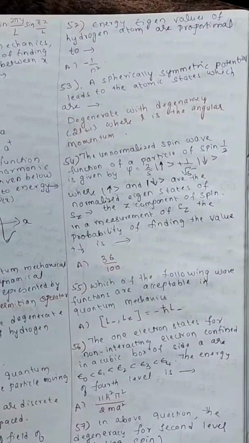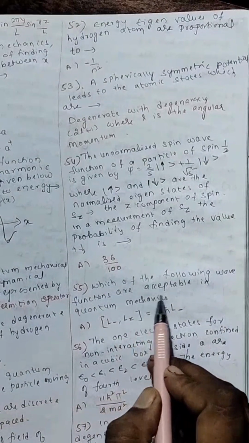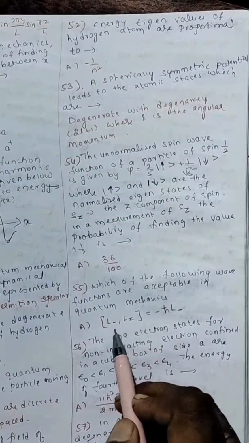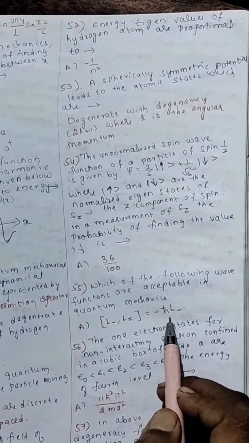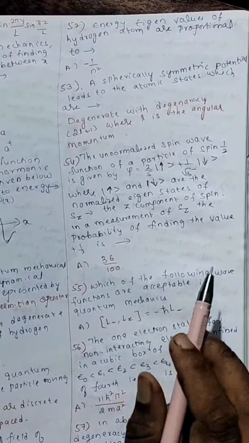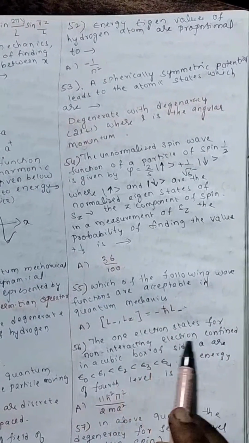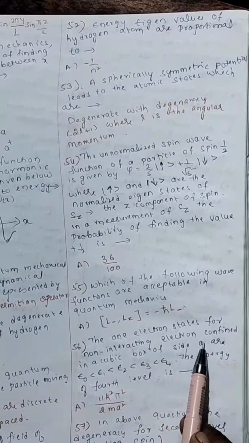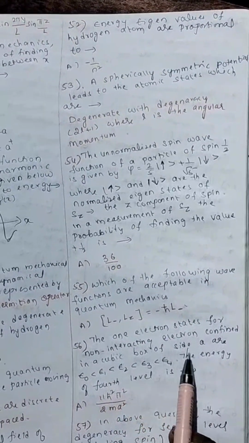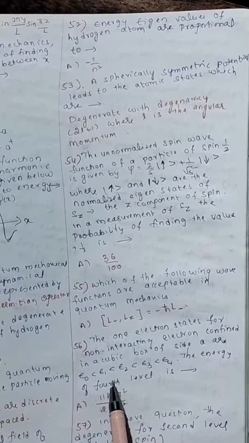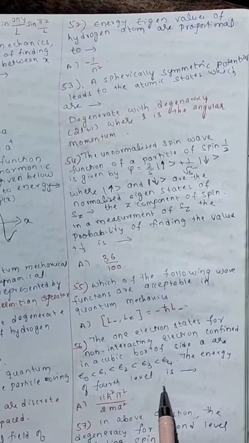Right? Which of the following wave functions are acceptable in quantum mechanics? 4 options he gave, 3 are wrong, 1 is correct. The one electron states for non-interacting electrons confined in a cubic box of side A are epsilon naught less than epsilon naught. This already we did.